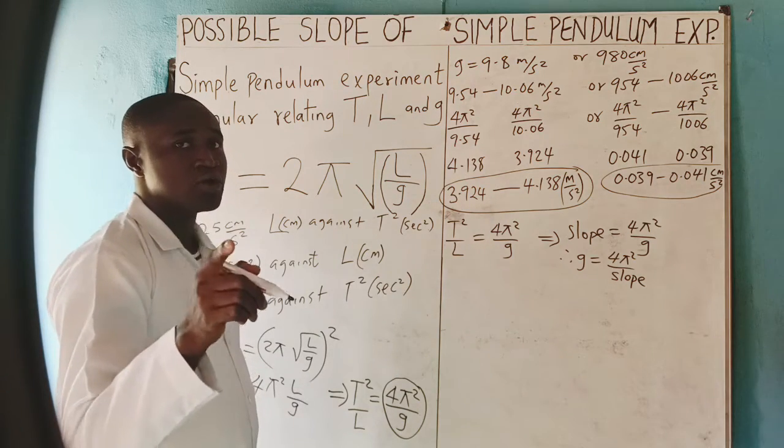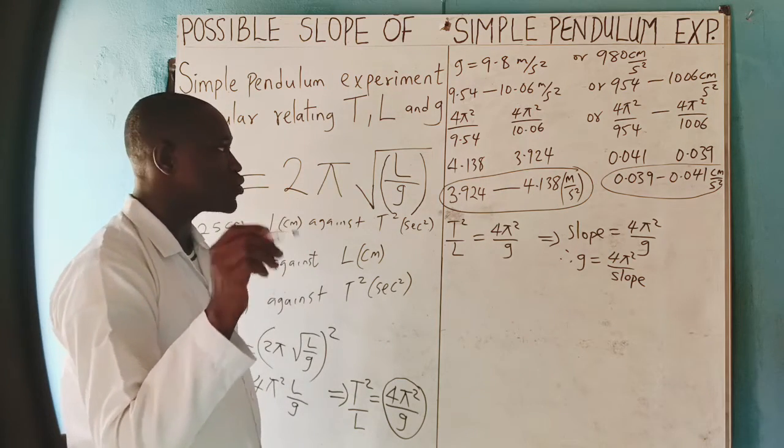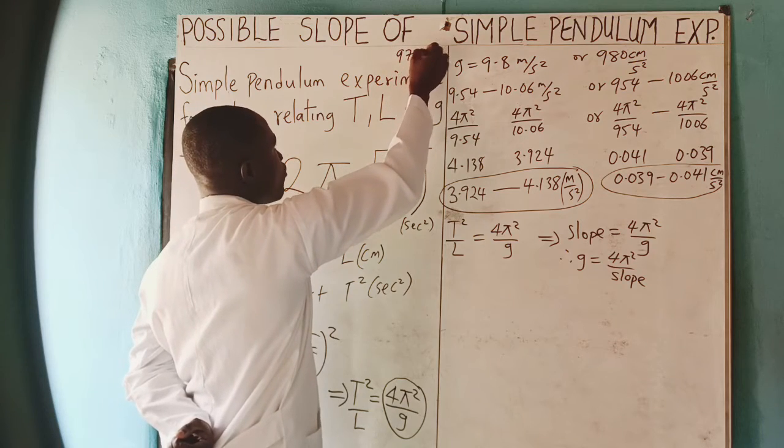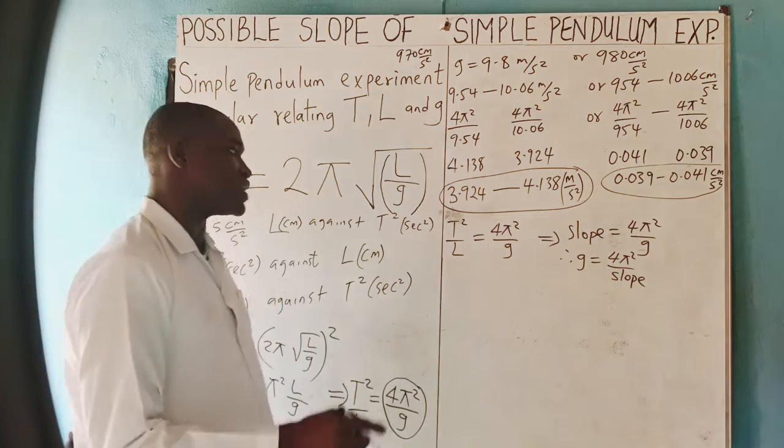In our video on that channel, we picked 970 centimeter per second squared, and we used it to teach how you can manipulate your values, plot your graphs, and answer some questions.